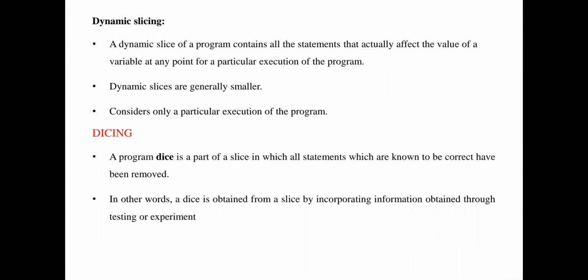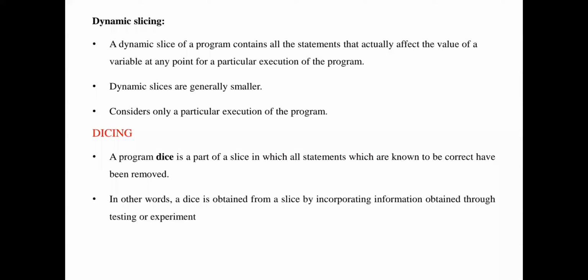Coming to dicing, it is nothing but a program which is part of a slice. The program dice is a part of a slice in which all statements which are known to be correct have been removed. Generally, dice is applied to the slicing program part, the part which is taken for slicing.